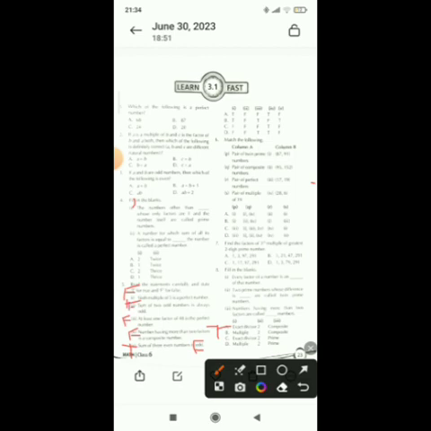I will erase it later. But let's see. F, F, T, T. Okay, T, T, F, F, T, T, and F. So let's search the options, and D is correct. So the correct option here is D.